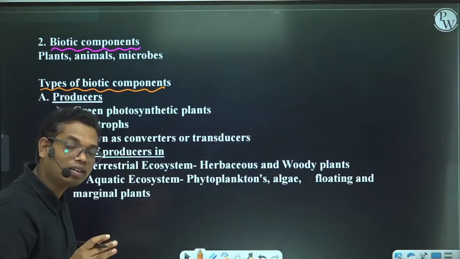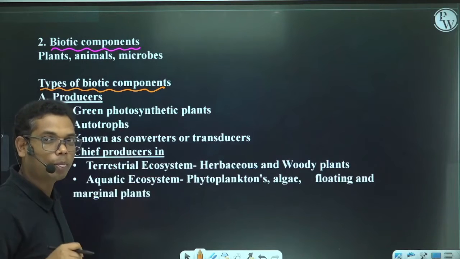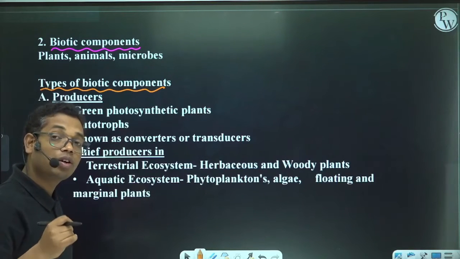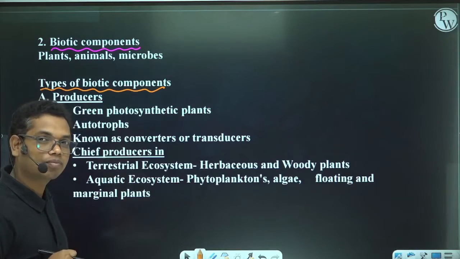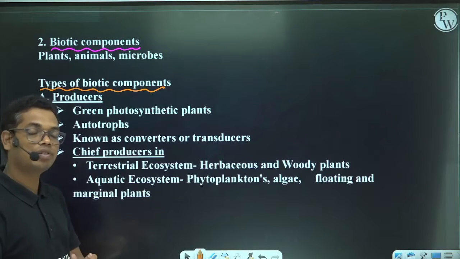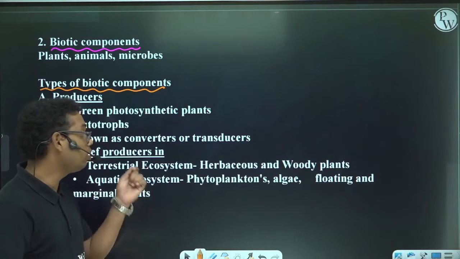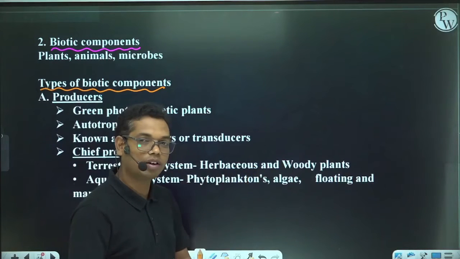Do you think that in different ecosystems the producers will be the same? No. The nature of producers will differ according to the ecosystem. If I talk about the terrestrial ecosystem, different types of producers will be there, but the main producers in terrestrial ecosystem will be herbaceous and woody plants.